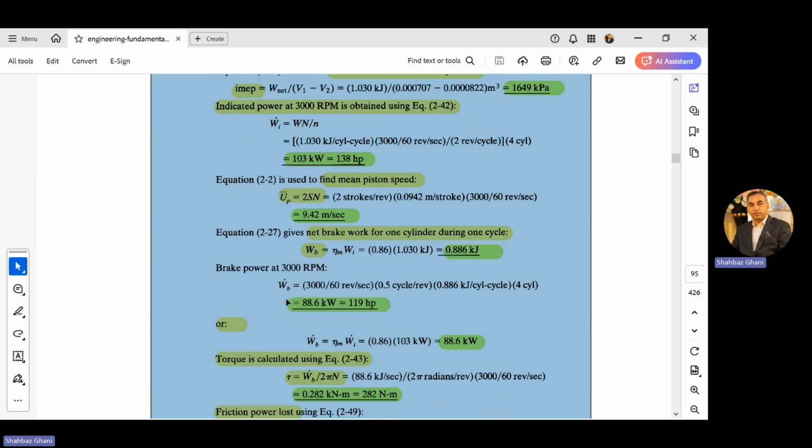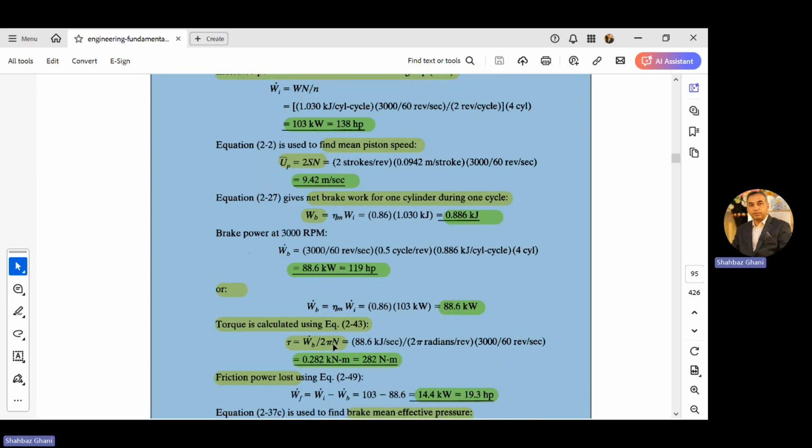The formula is: brake power equals revolutions per second divided by revolutions per cycle, multiplied by net brake work, multiplied by 4 cylinders. So the brake power comes out to be 88.6 kilowatts or 119 horsepower. Or we can find it another way, by mechanical efficiency multiplied by indicated power. So it comes out the same, 88.6 kilowatts.